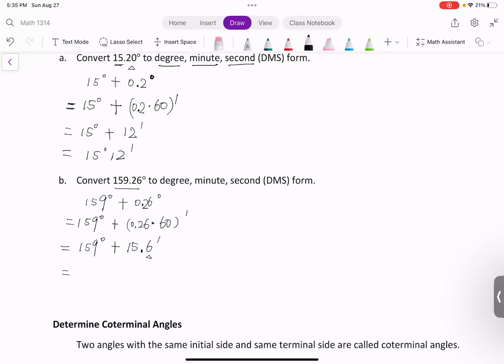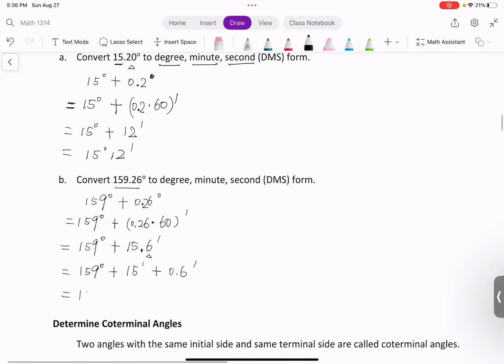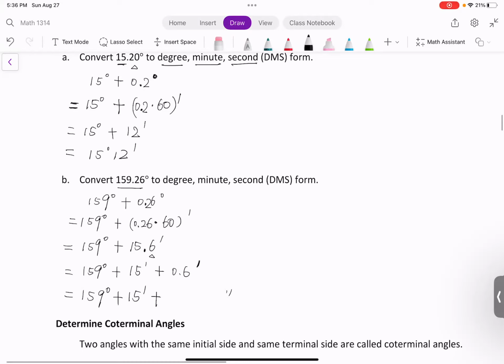We have a decimal again. So I need to convert the decimal 0.6 minutes to seconds. 159 degrees plus 15 minutes plus 0.6. This is the minute. 159 degrees plus 15 minutes plus, from the minute to second, what should I do?